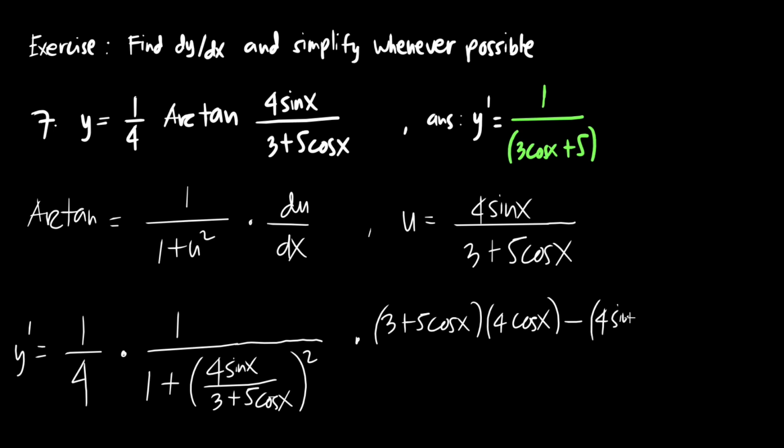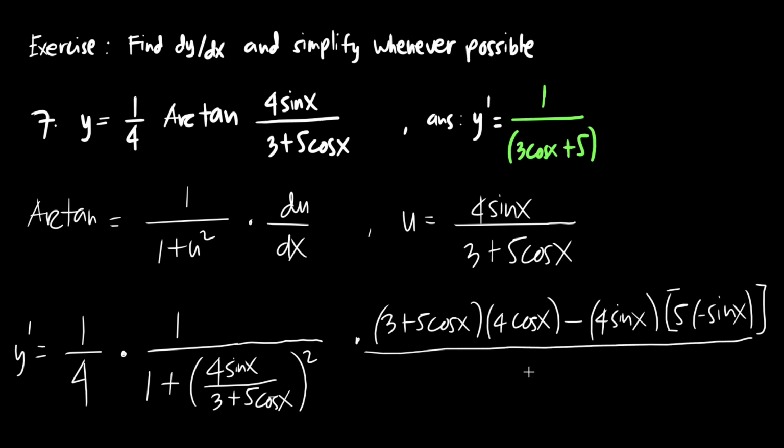The derivative of the denominator: 3 is 0, and 5 cosine x is just equal to 5 times negative sine of x. The derivative of cosine x is just equal to negative sine x, so all over 3 plus 5 cosine x squared.